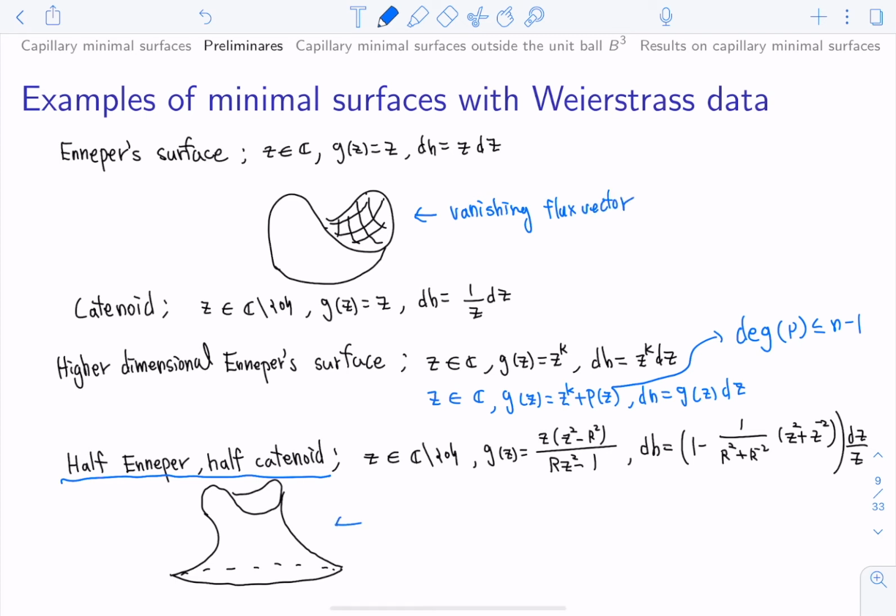But as we see in this example, even though one end is totally asymptotic to the Enneper surface's end, this surface has non-vanishing flux vector on the first homology class of the surface. So Enneper type ends can have either vanishing or non-vanishing flux vector on the first homology class of the surface.